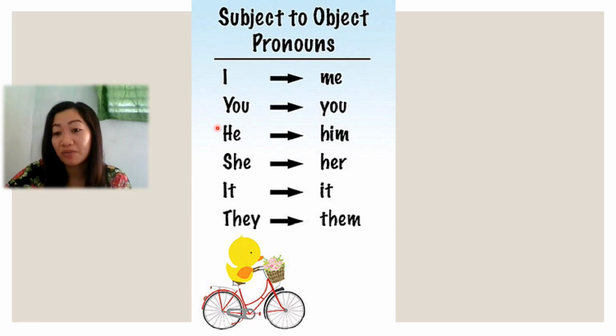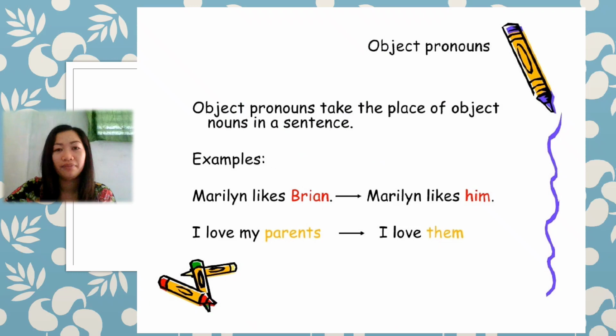When our subject is you, our object will be you. If our subject is he, we will be using him as our object. She, and then of course, her. It, same, we will be using it. But when we use the subject they, we will be using them.